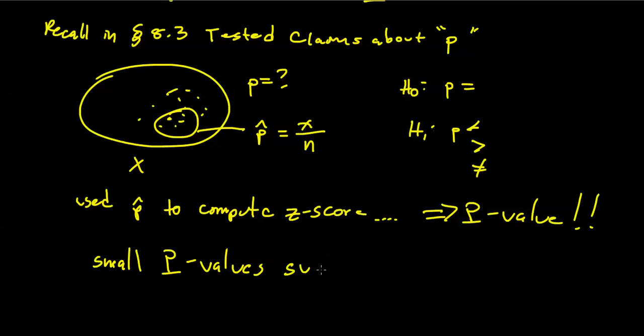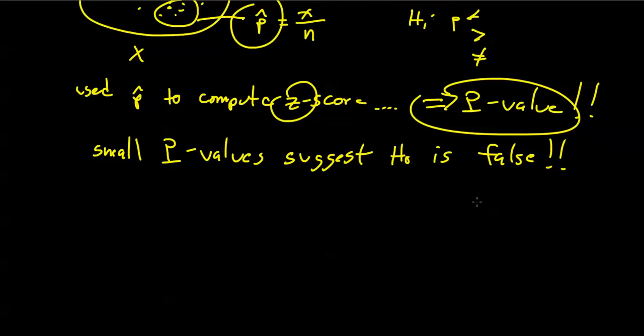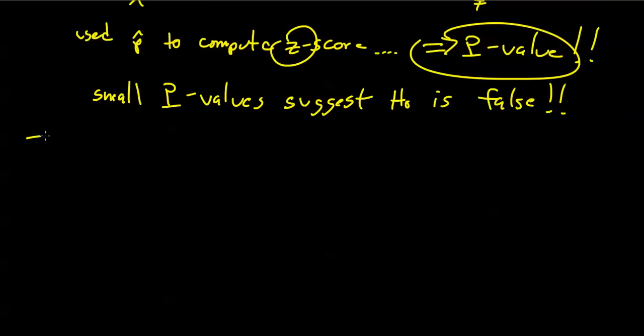Small p-values suggest H0 is false. Now remember, your p-value is based on sample data. Your p hat determines a z-score, and your z-score determines a p-value. So it is totally possible that your sample data may be fluky. Hopefully not. With a large enough sample, we can be reasonably confident to either reject or fail to reject H0 based on these guidelines. Alright, so that reviews section 8.3.